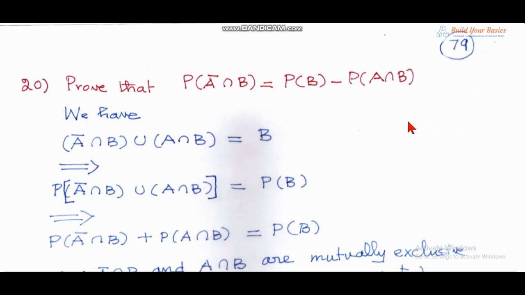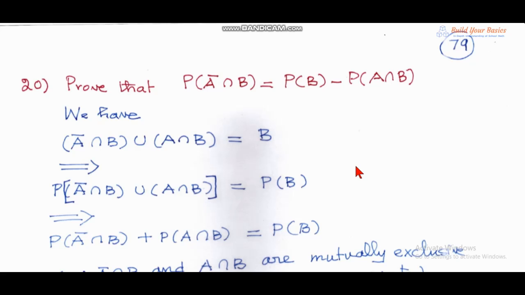Question number 20. Prove that probability of A bar intersection B equal to probability of B minus probability of A intersection B. We have A bar intersection B union A intersection B equal to B. Therefore, probability of A bar intersection B union A intersection B equal to probability of B. On the left hand side, A bar intersection B and A intersection B are mutually exclusive events because their intersection is empty.